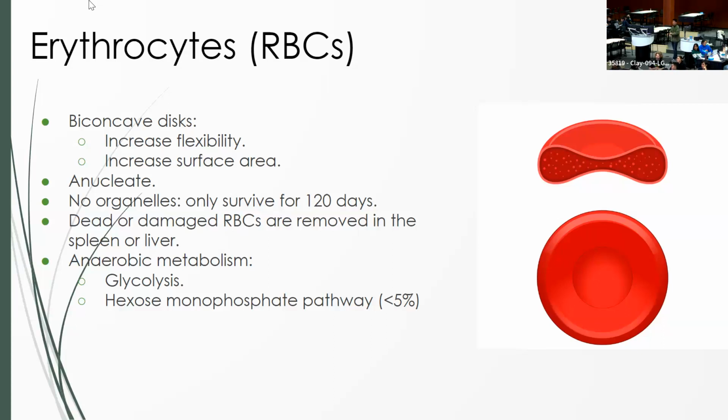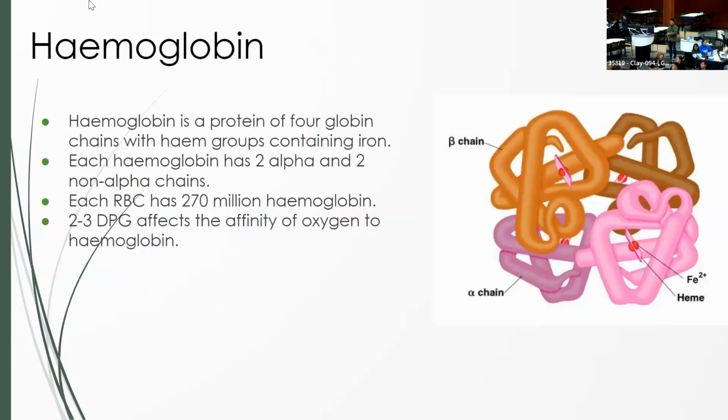The damaged cells are basically removed in the spleen or liver. And because there are no organelles, there's no mitochondria. No mitochondria means that it can't have any aerobic metabolism, so it can only use glycolysis. And that will come into play in a second. But right now, the reason that they're red is because they carry hemoglobin, a protein with 4 globin chains.